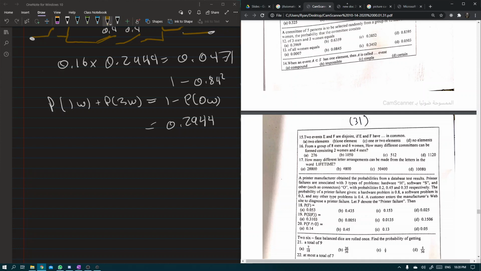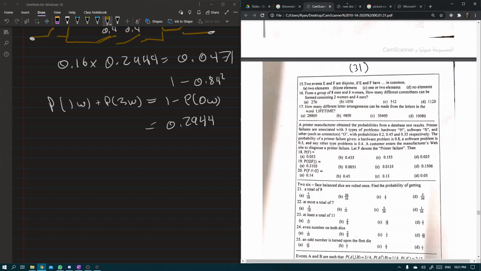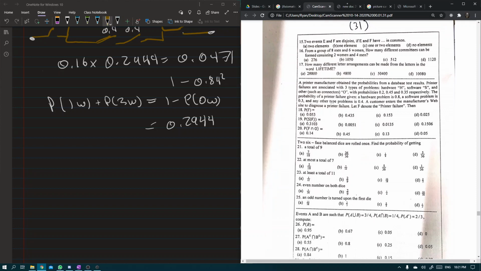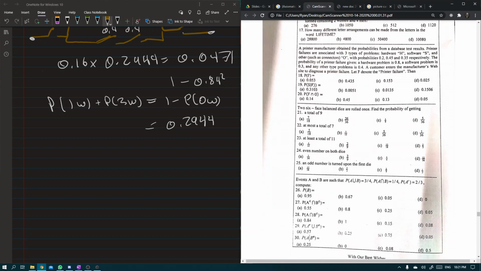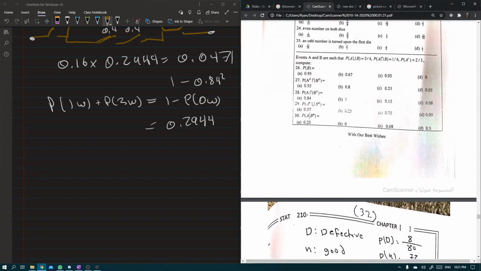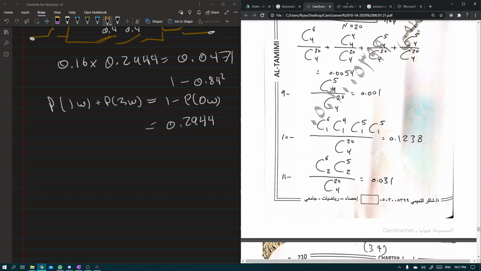Disjoint means that they're mutually exclusive, but we don't need to know that. If no elements overlap. This is just Bayes' theorem. Yeah, okay, nothing wrong with that.